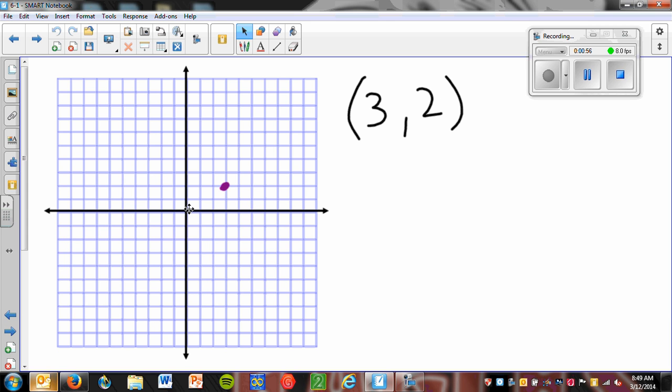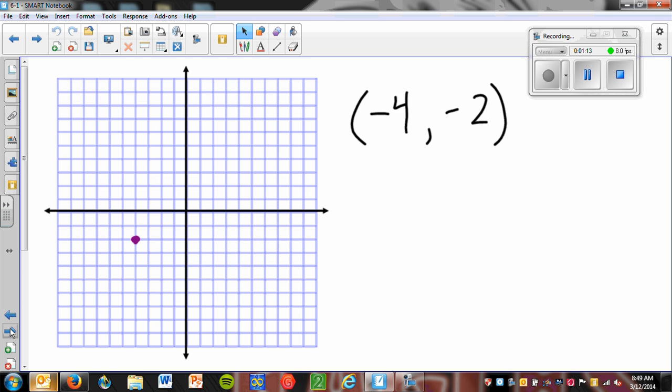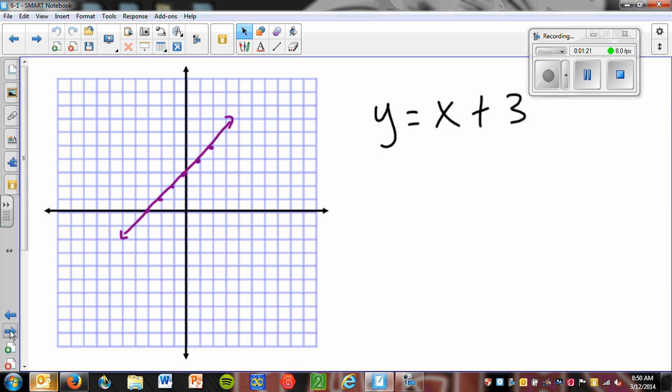On this one, x 1, 2, 3, up 2, so my point is 3, 2. Hopefully this is really easy. We've done all this before. Here's a 1, 2, 3, 4 backwards, so -4, down 2, -2. So knowing that you guys can find these points, over 7, down 3, this is a good start to what we're doing.